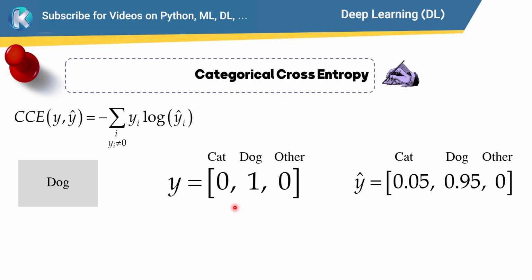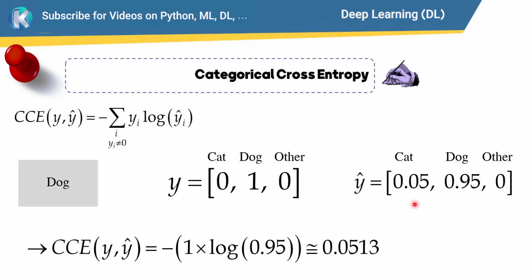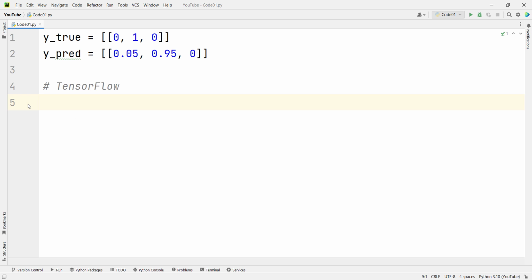So in this example, as you can see, the only value in y which is not 0 is this one, and the corresponding value in y hat is 0.95. So in order to calculate the categorical cross entropy of y and y hat, this is the value. You can see that it is minus 1 times the natural log of 0.95. And if you calculate all this stuff, it is approximately equal to 0.0513.